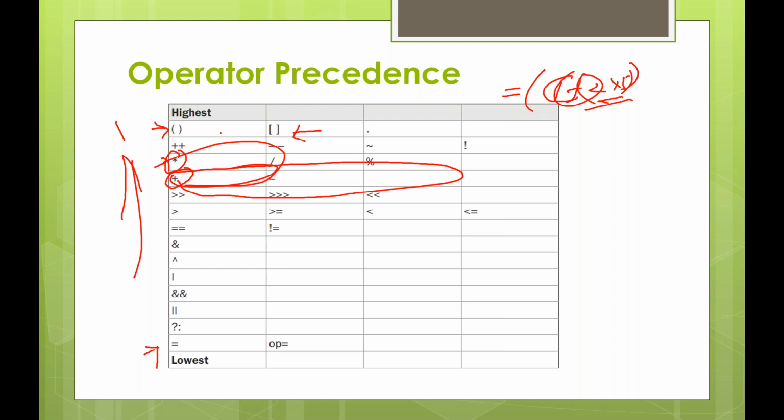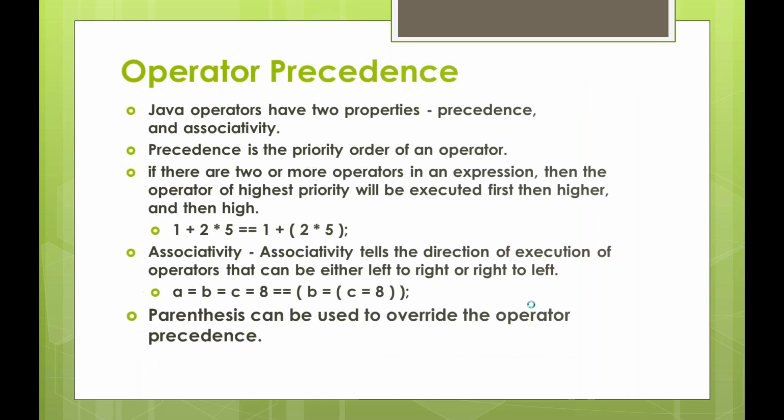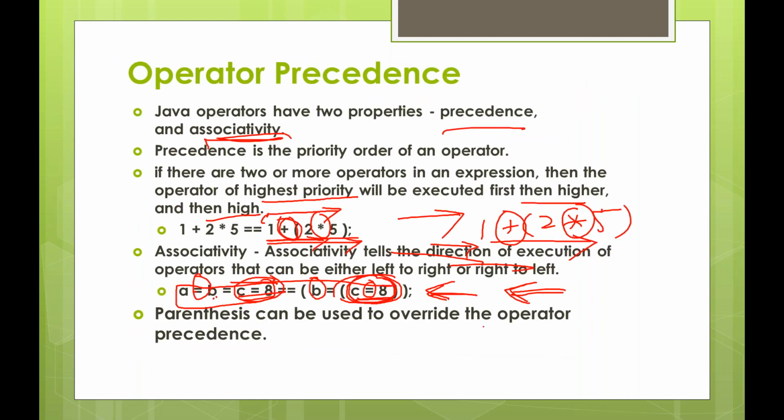But if you have any confusion with operator precedence, whenever you see or write some expressions, you can always use parentheses. Why do we use parentheses? To override operator precedence.